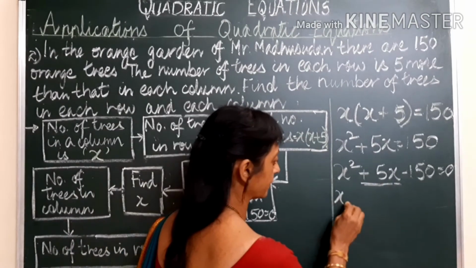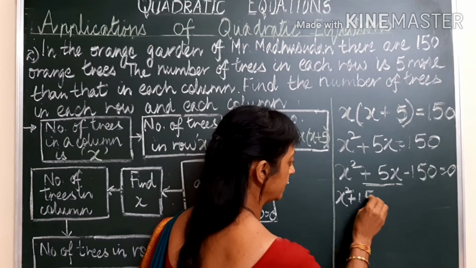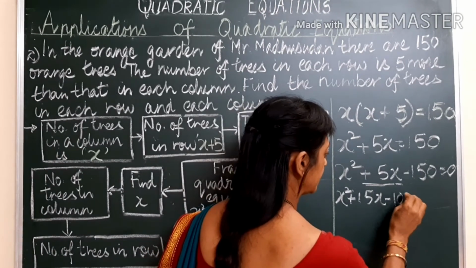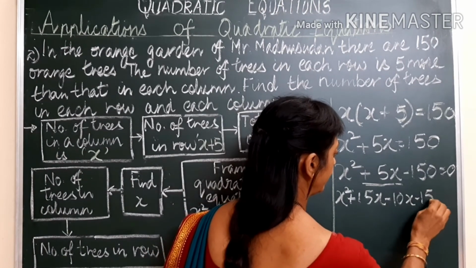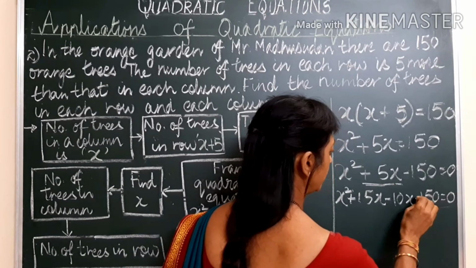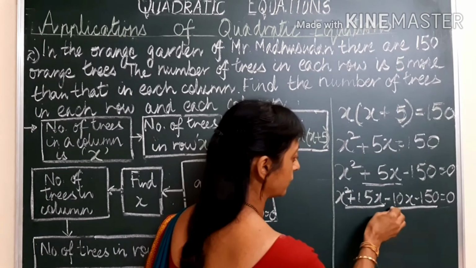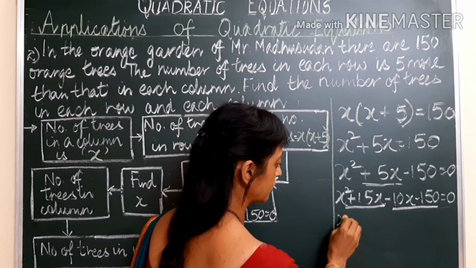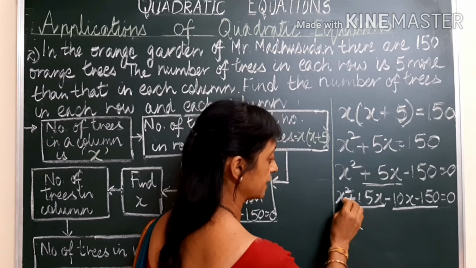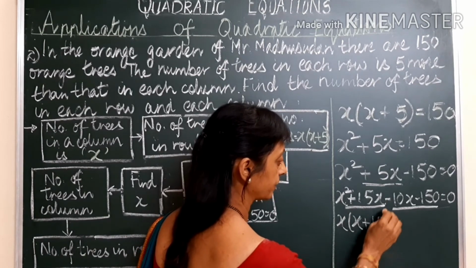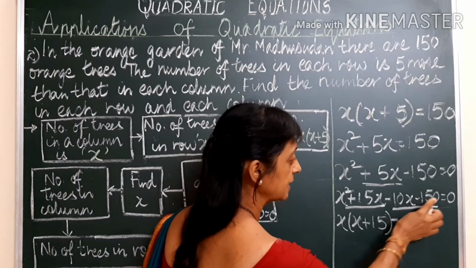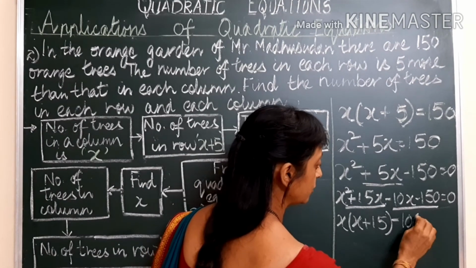Let's split up: x square plus 15x minus 10x minus 150 is equal to 0. Let's pair up. What is common? x is common, into bracket x plus 15. What is common? Minus 10 is common, into bracket x plus 15.